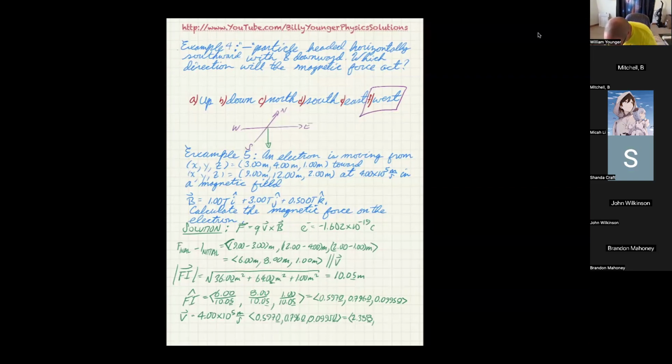That's why I'm just doing the 4 right now. That gives me 3.184. 0.0995 times 4 gives me 0.398. Times 10 to the 5th meters per second is the velocity.